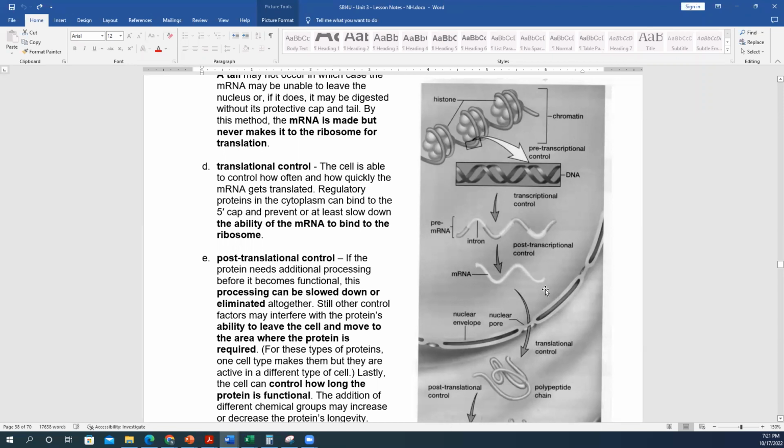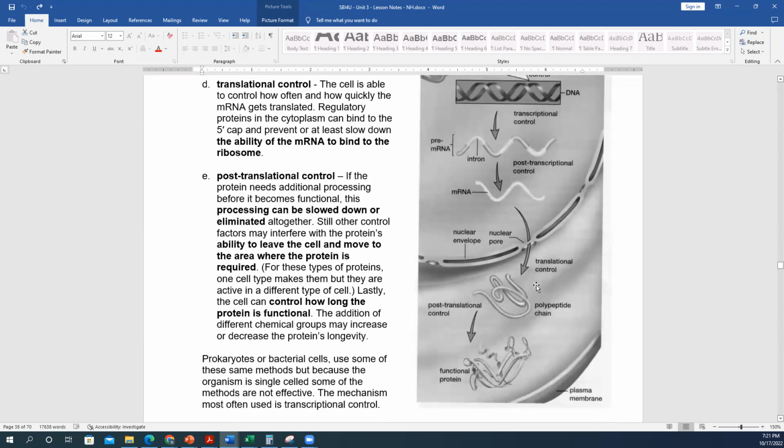So in this method, this mRNA might still get made, but it never makes it outside into the cytoplasm, where it will bind to the ribosome and get translated. So there's control even at this level.